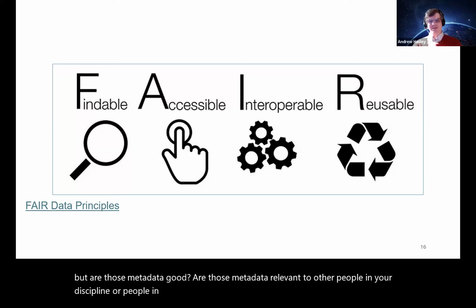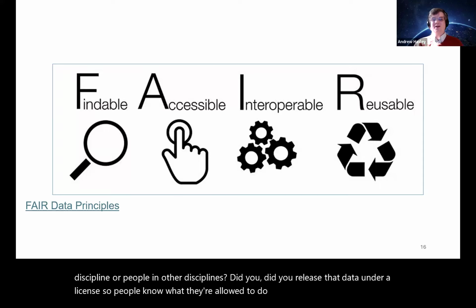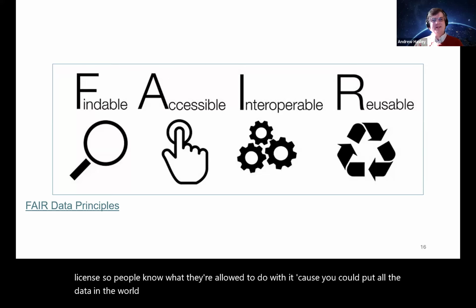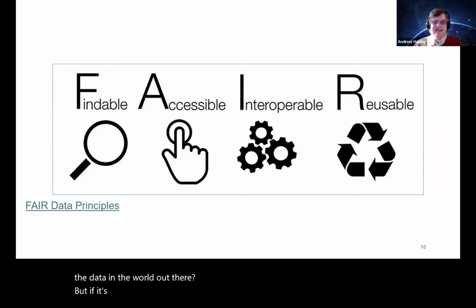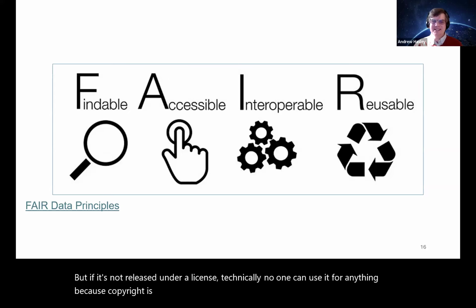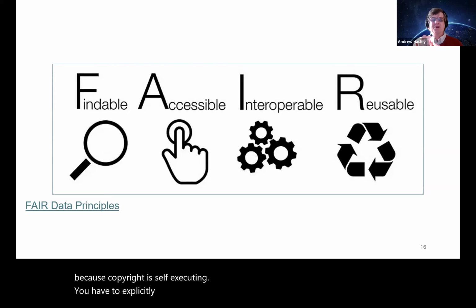Did you release that data under a license so people know what they're allowed to do with it? You could put all the data in the world out there, but if it's not released under a license, technically no one can use it for anything because copyright is self-executing. You have to explicitly release it. So reuse captures all of those things, and it's where the community stuff really gets involved.